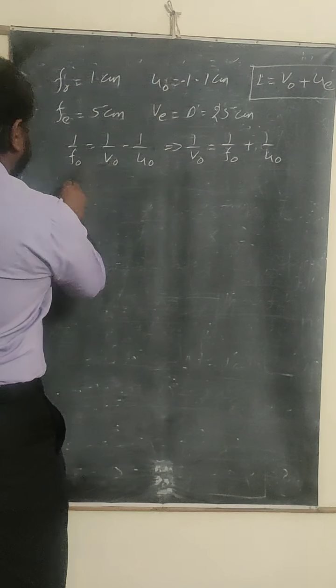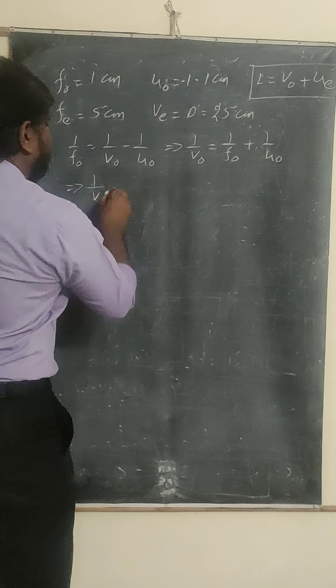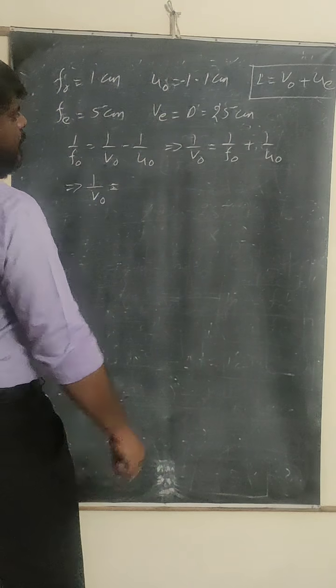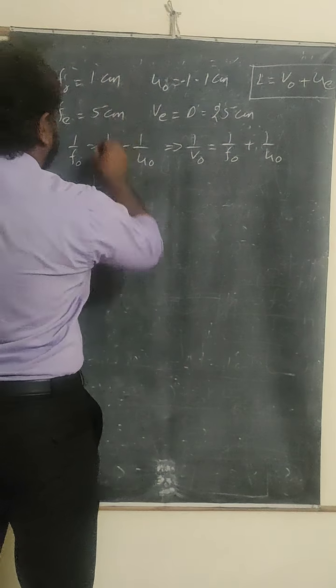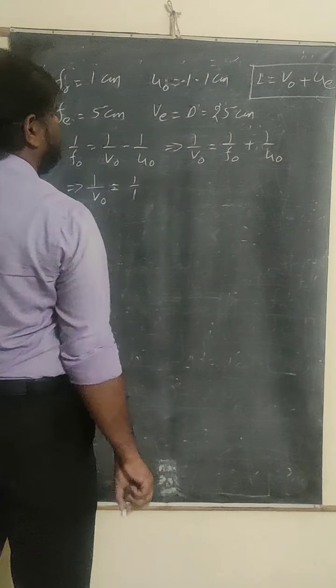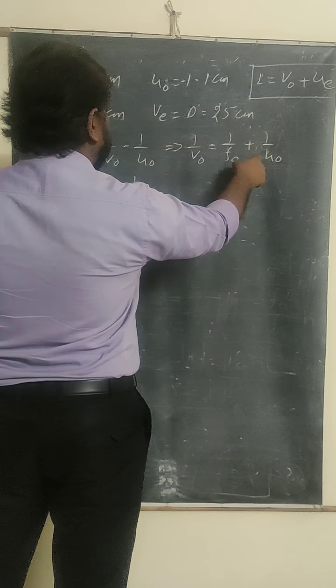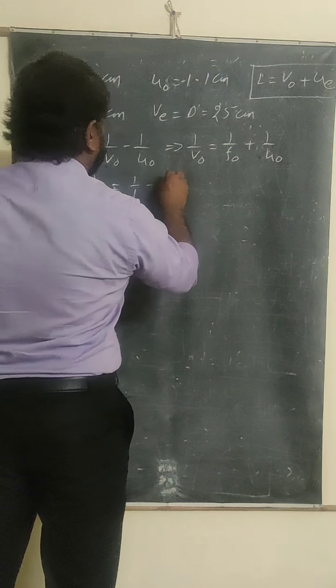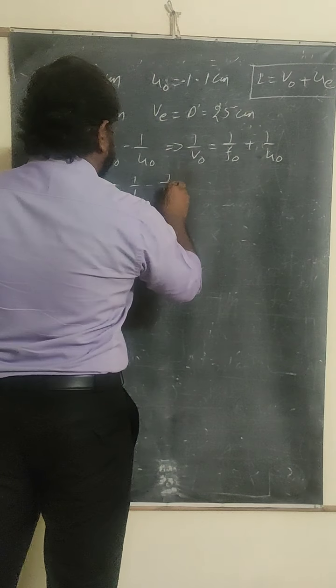That implies 1 by V naught is equal to 1 by f naught. 1 by f naught I can write as 1 by 1, and this plus into minus becomes minus, and 1 by U naught I can write as 1 by 1.1.